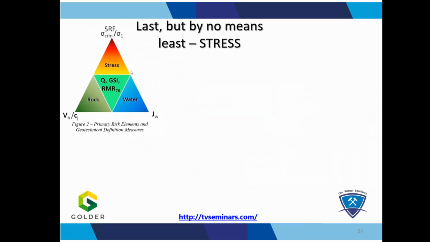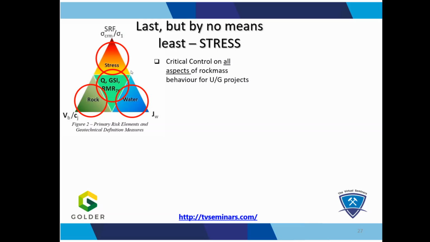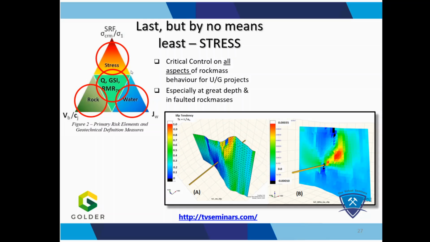Last but by no means least, one of the biggest worries in modeling is stress. We've looked at rock properties, we've looked at the classification, we've touched on water. Now let's think about stress. Stress controls behavior of nearly everything in the underground, especially at great depth and in faulted rock mass.